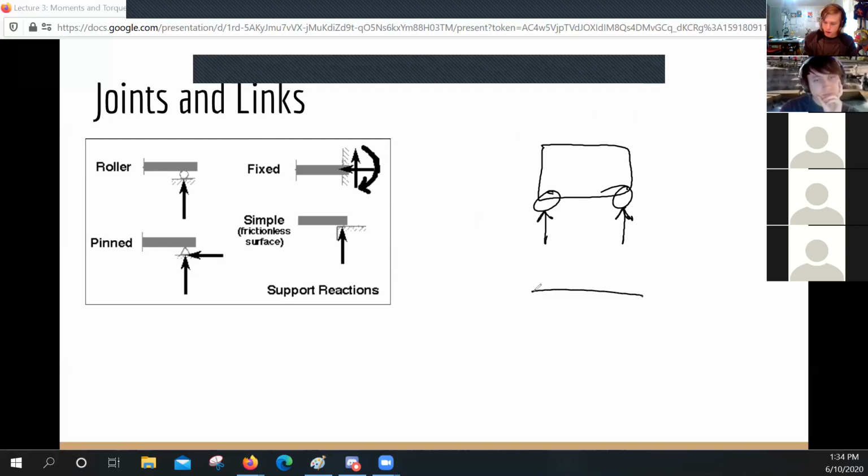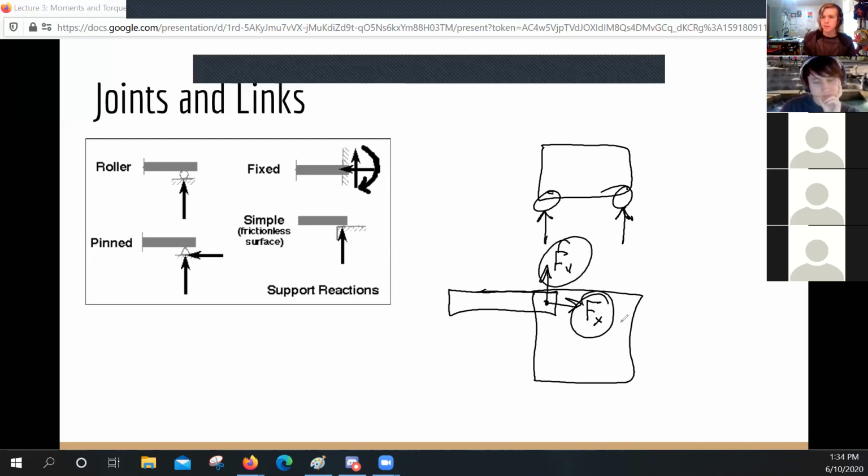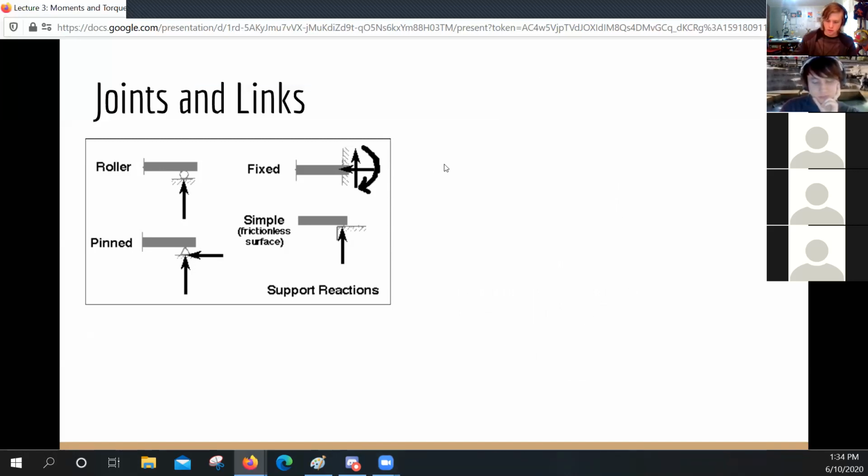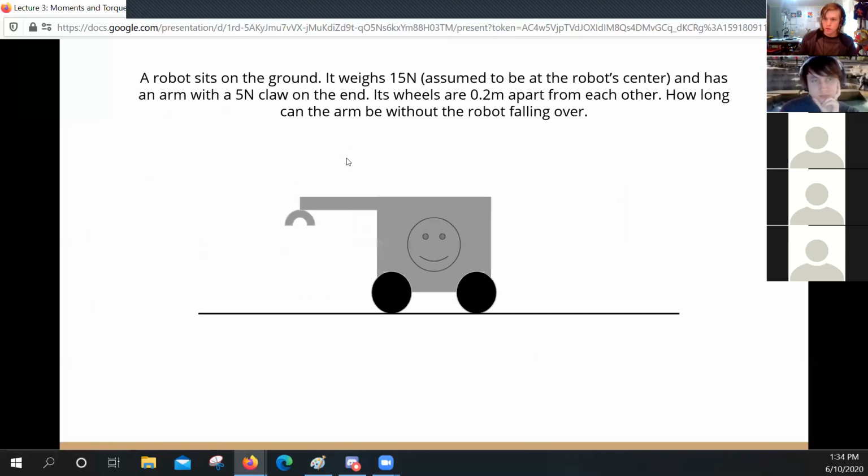However, if we're looking inside the robot and we have an arm here that's pinned to the robot, we know that the arm is going to have a y direction force here and an x direction force here. So when we start doing our equations of equilibrium, this is going to be important because we have to put these in our equations because we know that they're there. We just may not know what exactly they are yet. So yeah, that's just a quick explanation of joints.